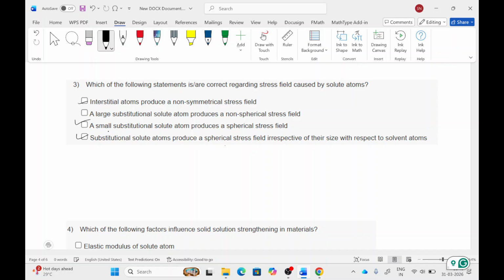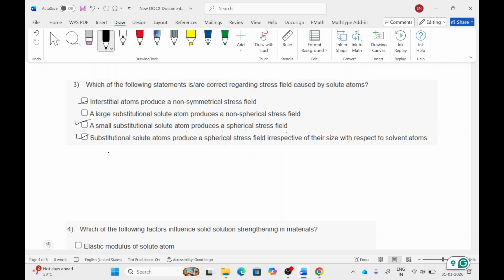It says a small substitutional solute atom produces a spherical stress field. So both small and large solute atoms create a spherical stress field, meaning there is no difference between small and large solute atoms. Only the stress field amount will be different, and it will be different in the dislocation slip plane, meaning above or below.